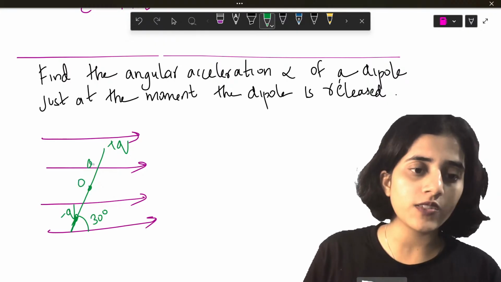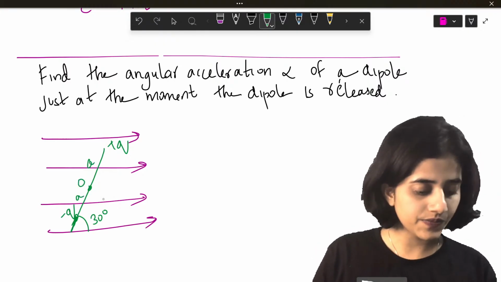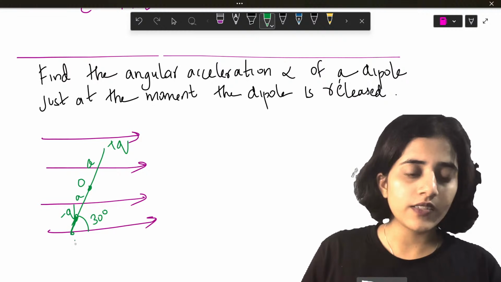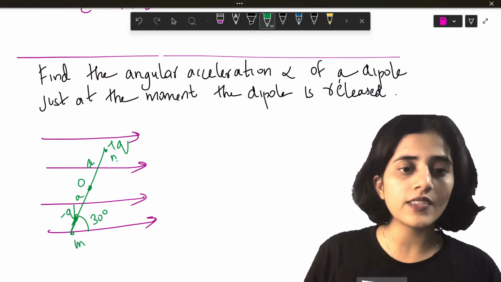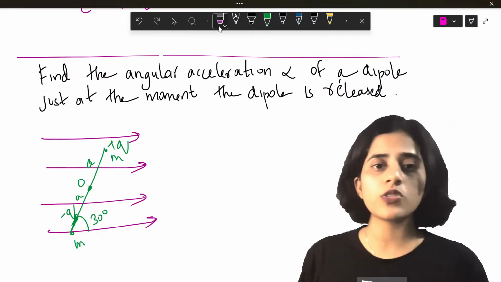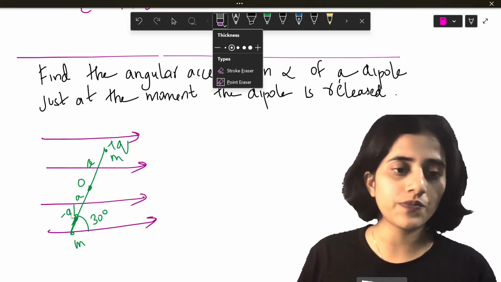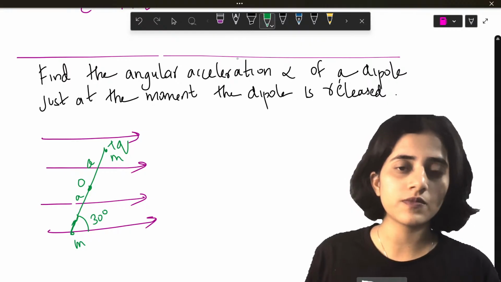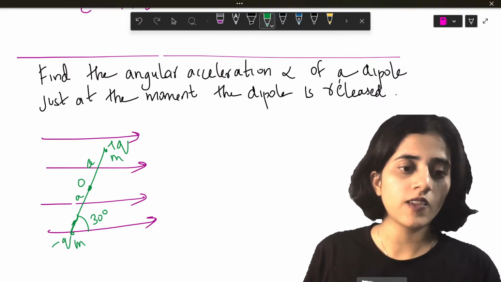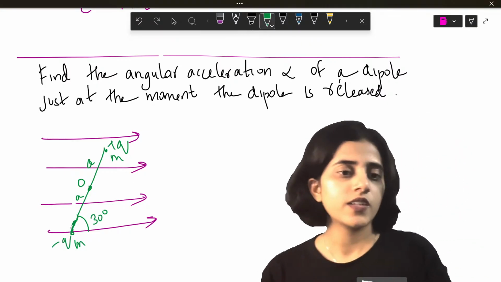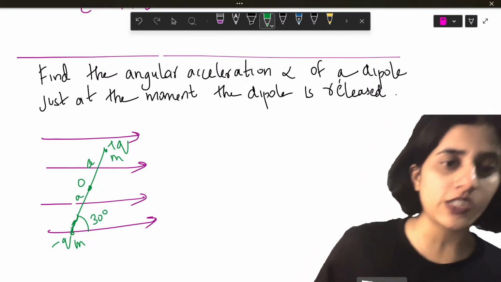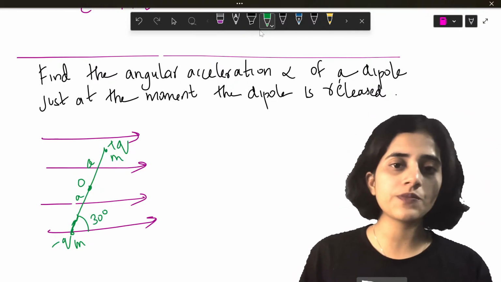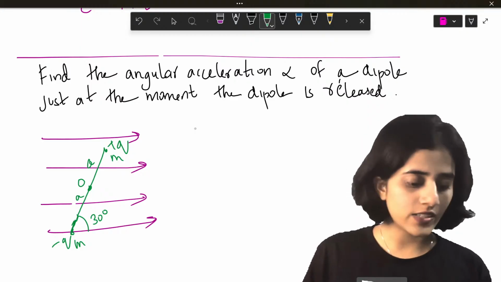This is O, this is A, this is A. These have masses M and M. Okay. So this much is given to you in the question. So let's solve it.